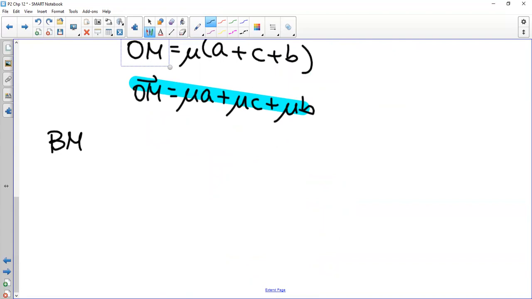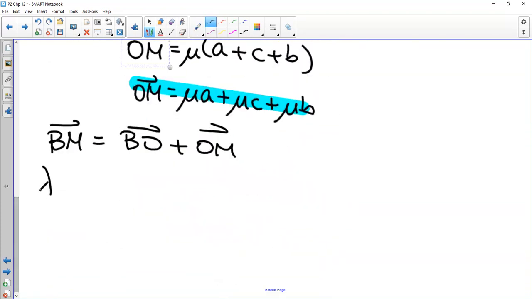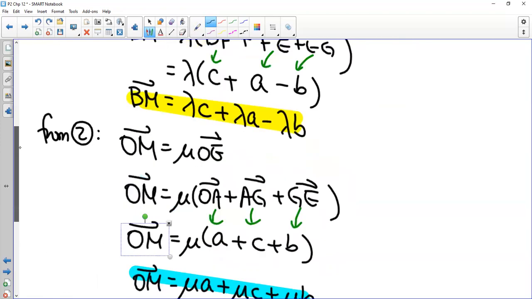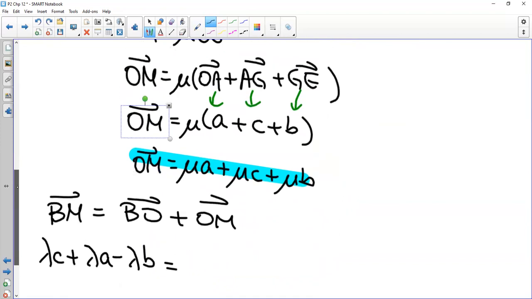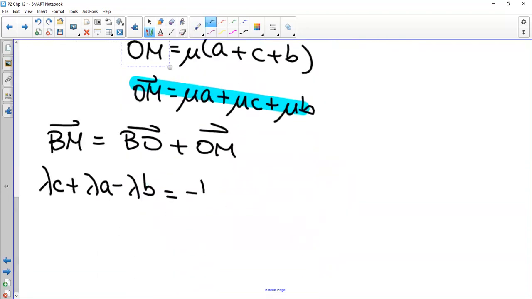So BM equals B to O plus O to M. So we know BM is lambda C plus lambda A minus lambda B, which equals BO, which is minus B, plus OM, mu A plus mu C plus mu B.